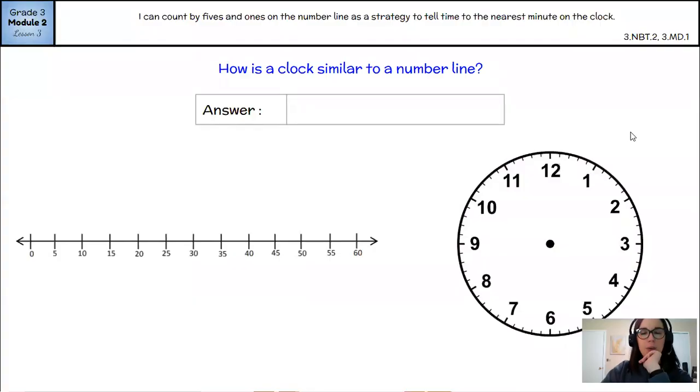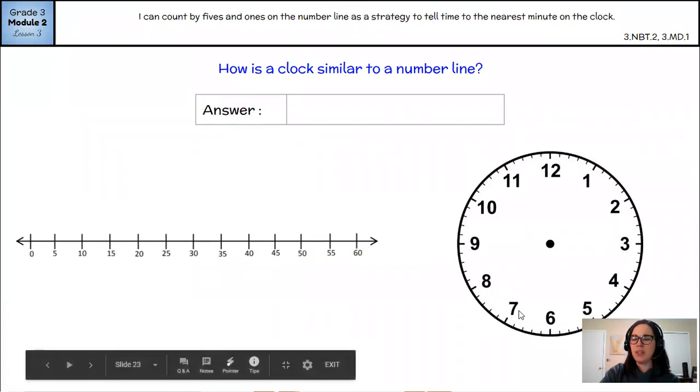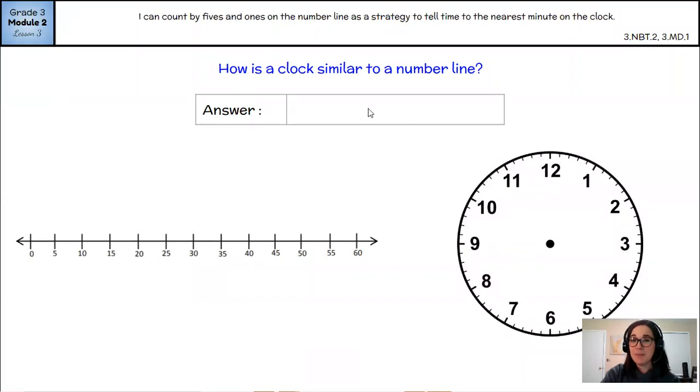So how is a clock similar to a number line? So let's check it out. The number line goes from 0 to 60, right? And so does the clock. Even though we only see numbers up to 12, we know that each of these numbers represents a 5-minute increment. So this actually represents 0, 5, 10, 15, 20, 25, 30, 35, 40, 45, 50, 55, 60.